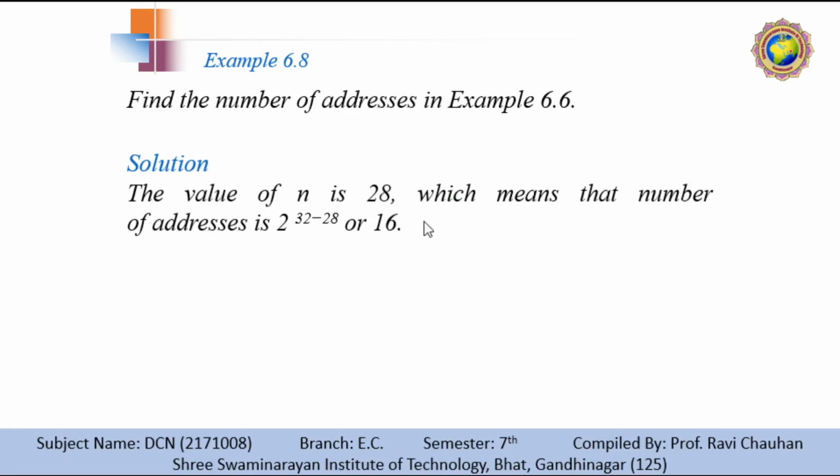Find the number of addresses in our previous example. So the value of n is over here 28. Fine, so which means that the number of addresses will be 32 minus 28 is equal to 4, and 2 raised to 4 will be 16. So it is verified and proved that the same block has 16 addresses.